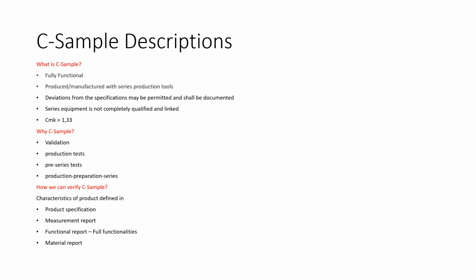What is C sample? C sample is a fully functional product manufactured with series production tools, whereas B sample is manufactured with auxiliary or pilot tools. C sample uses series-linked tools, which may go for qualification in the next step.